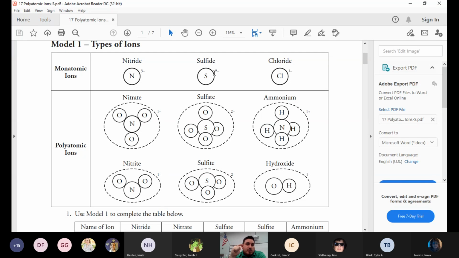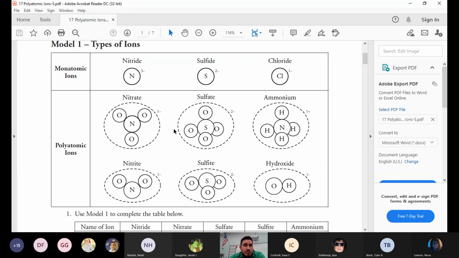Nitrogen has 5 valence electrons. It needs 3 more to be stable, and so nitride is an ion that is stable. It has 3 extra electrons. Sulfur has 6 valence electrons. It wants 2 more, and so it is going to be negative 2 charged. And chlorine, negative 1 charged.